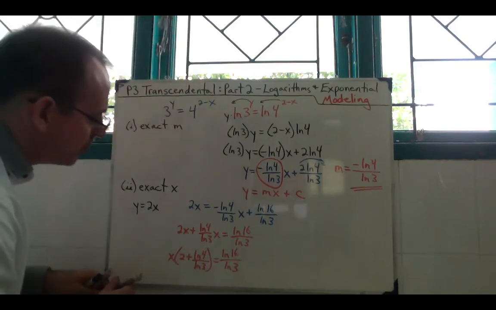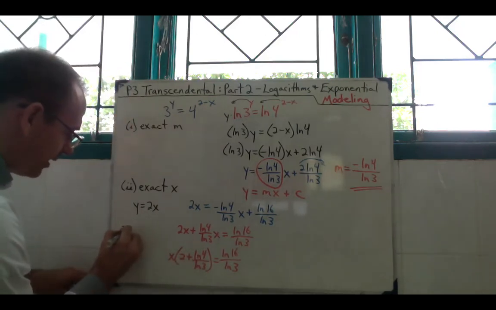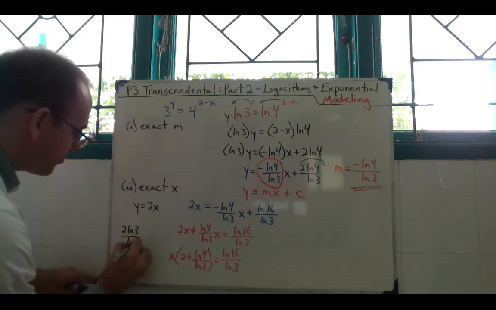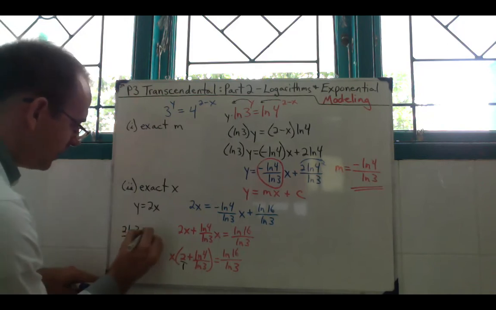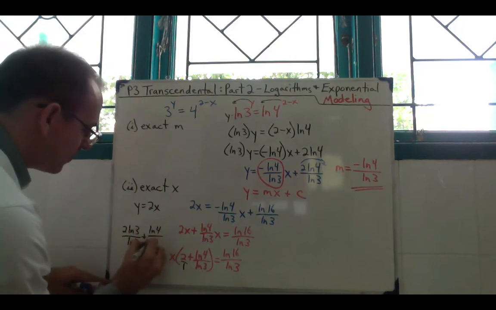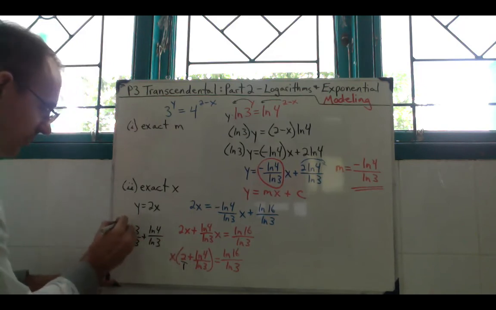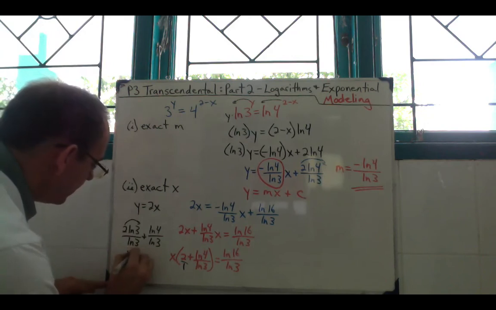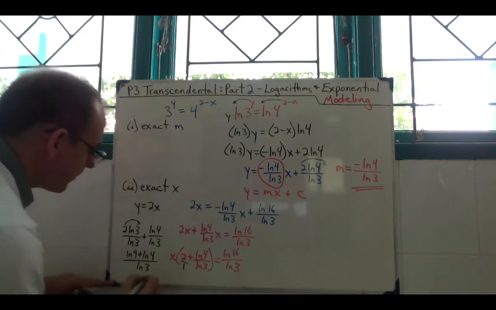So we want to multiply top and bottom by ln 3. So we get 2 ln 3 over ln 3, so multiply top and bottom here by ln 3, plus ln 4 over ln 3. And now it has a common denominator. This also can become the exponent, so that's ln 9 plus ln 4 over ln 3.